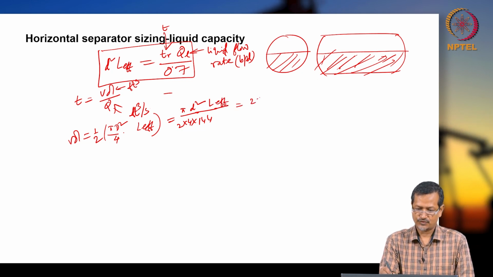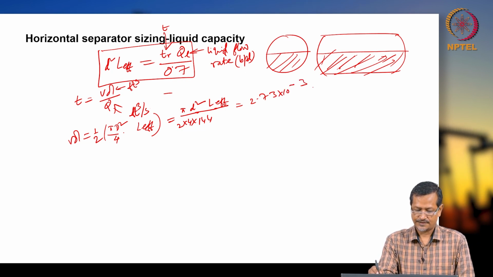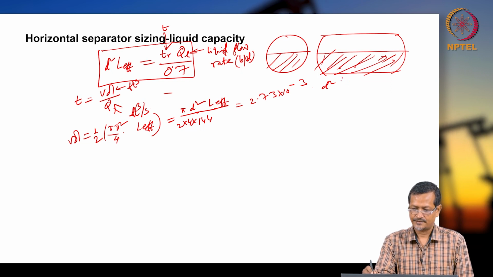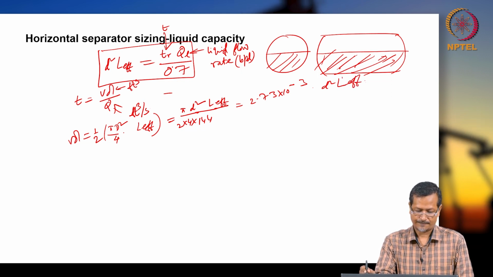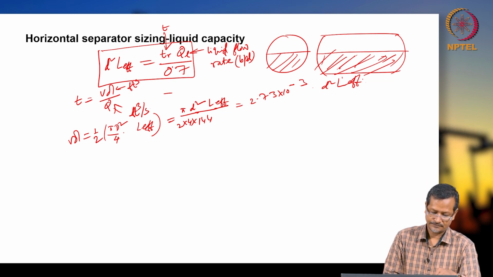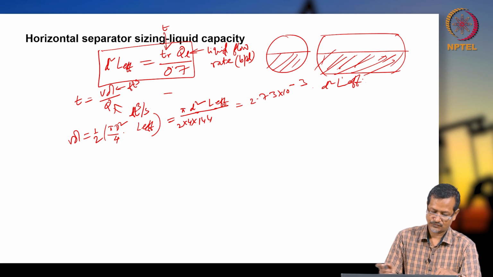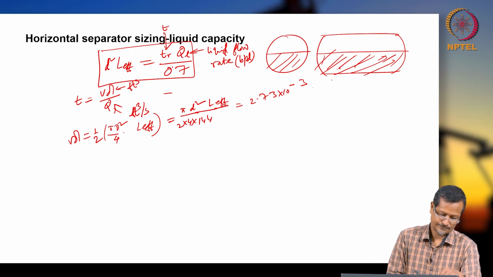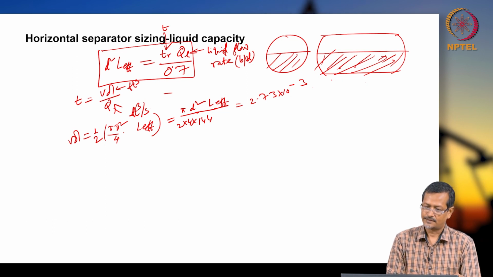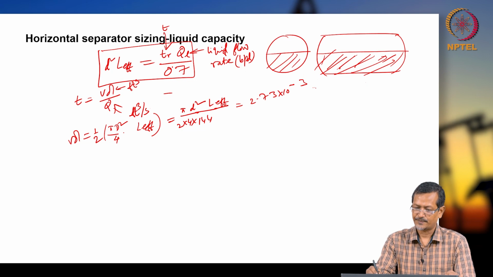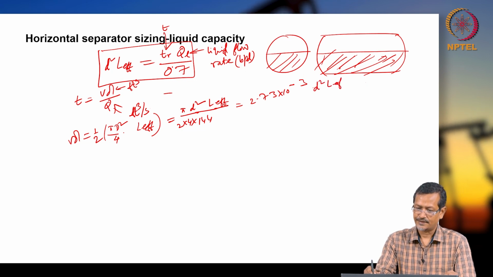So it will come to 2.73 into 10 power minus 3 d square L effective. Okay. 2.73 10 power minus 3 d square L effective.